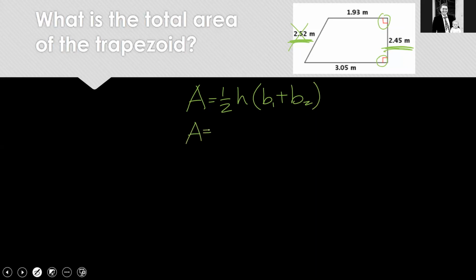So our area is equal to 1/2 our height, which is 2.45, base 1, which will be 1.93, plus base 2, which is 3.05. We'll plug that into our calculator.